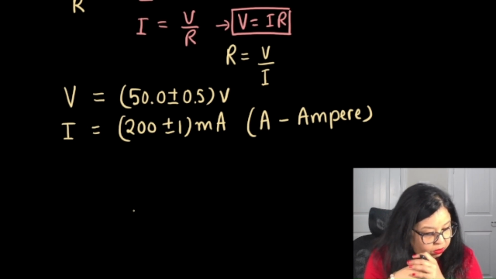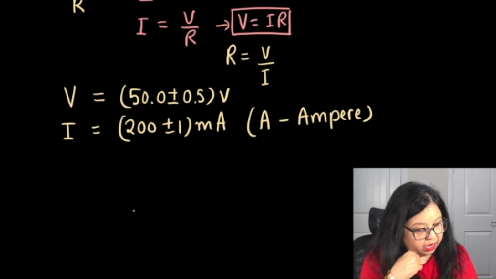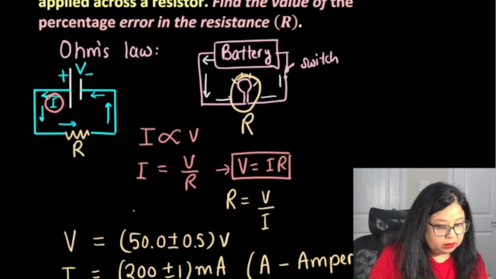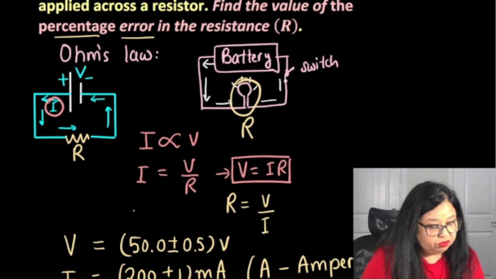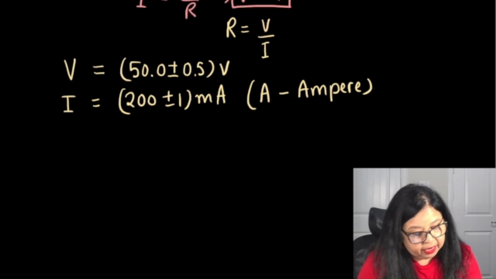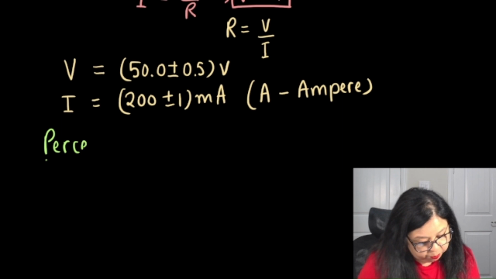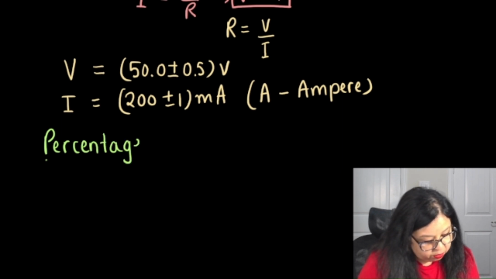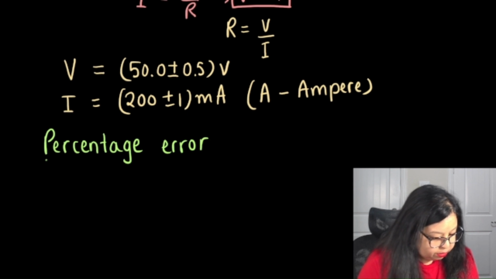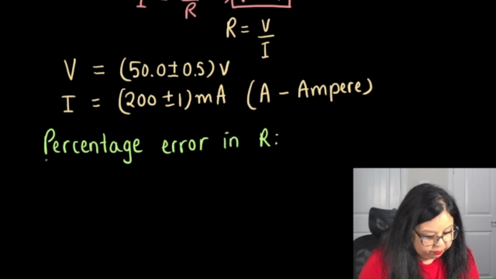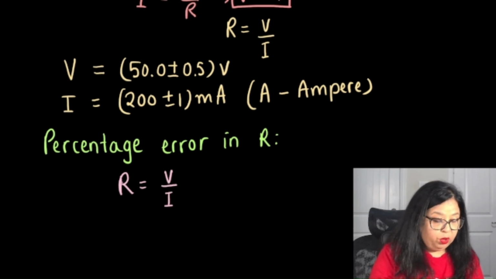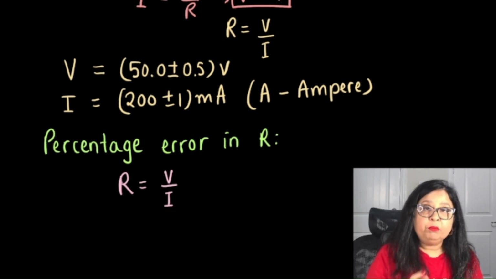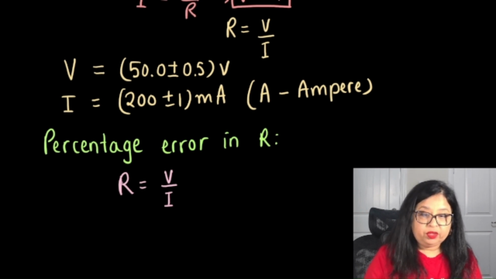Alright, so we know that R equals V over I. We are asked to find the percent error in the resistance R. What is percent error in anything? Percent error or percentage error in R. Okay, so we know that R is equal to V over I. And when you have some quantities that are being multiplied or divided, how do you find the percentage error?